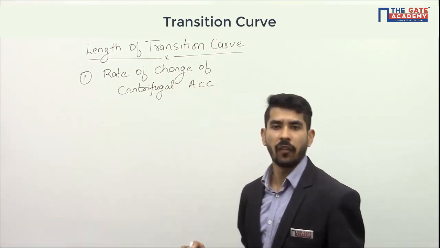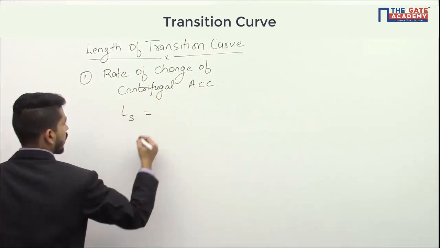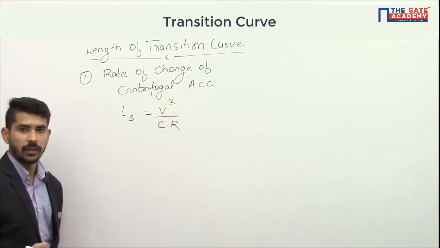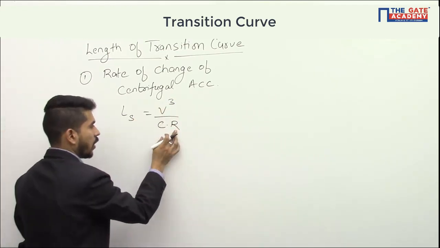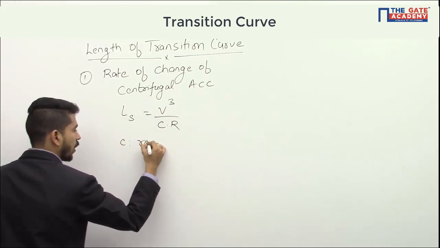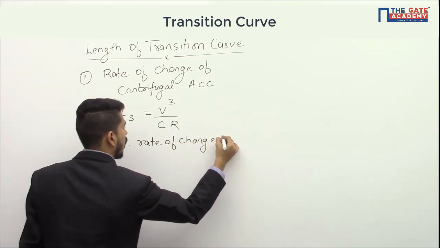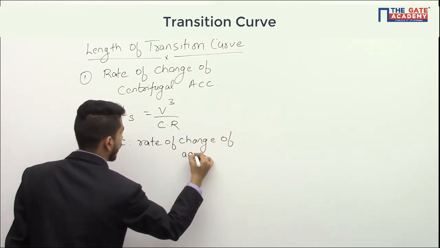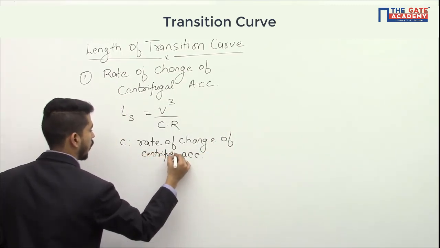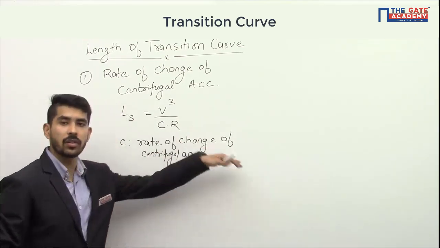On this criteria, the length of transition curve is given as Ls = V cube divided by C into R, where V is the speed, R is the radius, and C is the rate of change of acceleration or centrifugal acceleration. So this is rate of change of centrifugal acceleration.